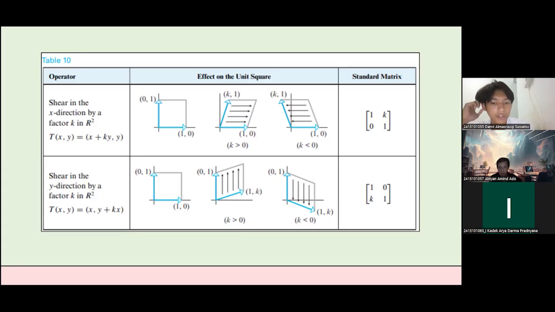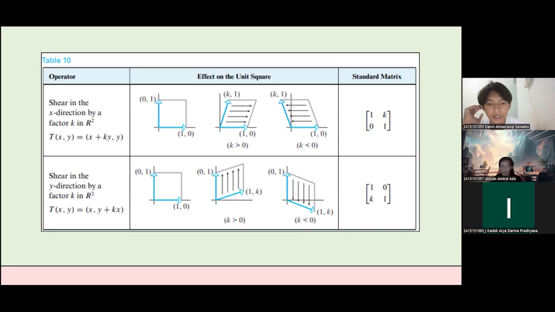It means the shift occurs vertically, and the amount of shift depends on x. Points on the y-axis, where x equals 0, don't move. It's like the inverse of y equals 0 before.